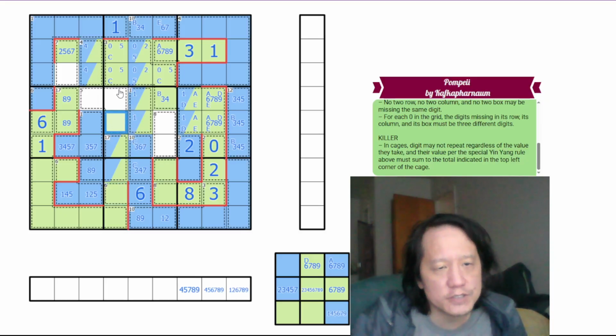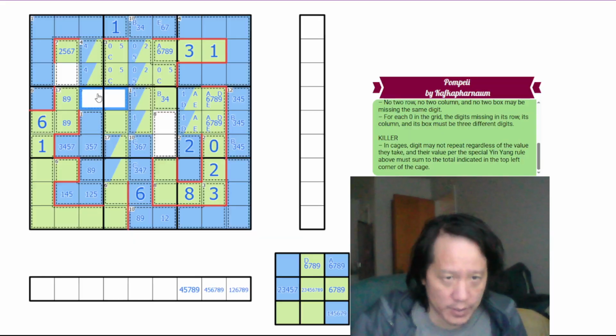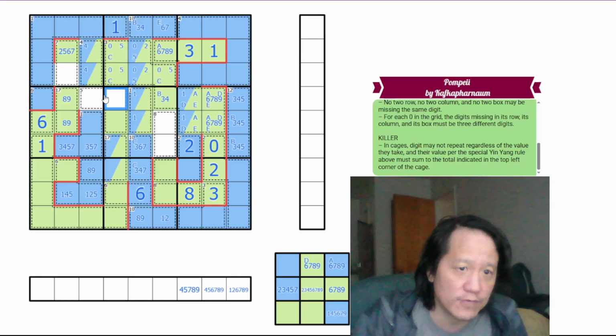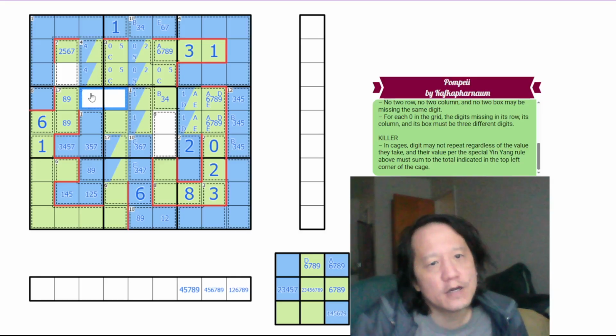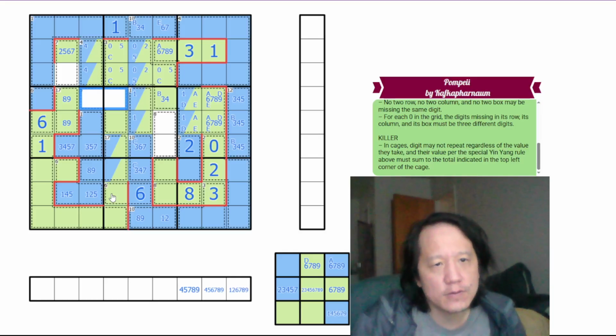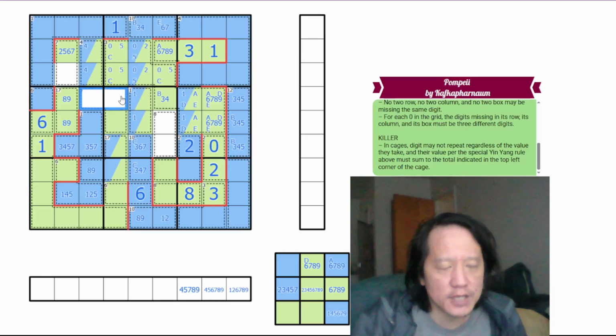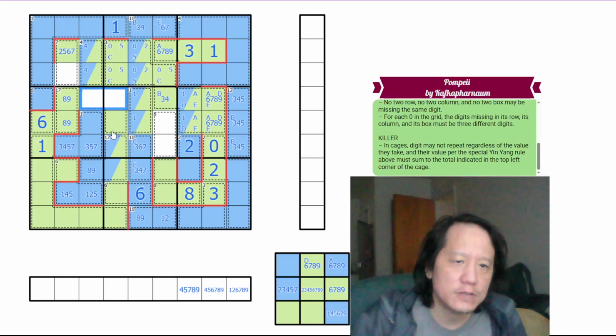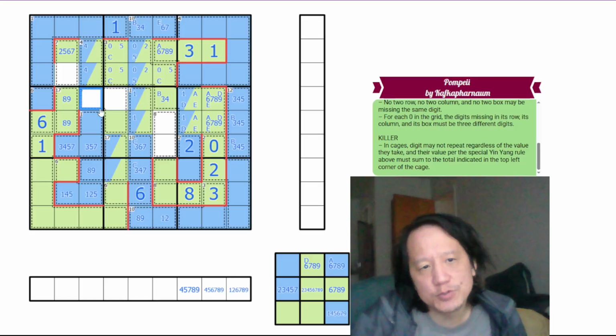So the question is, either this is 2 and 3 as a pair, or it's 5. That's interesting. No, it can't. Okay, so this cannot be. If this were 2 and 3, this would be green and this would be blue.